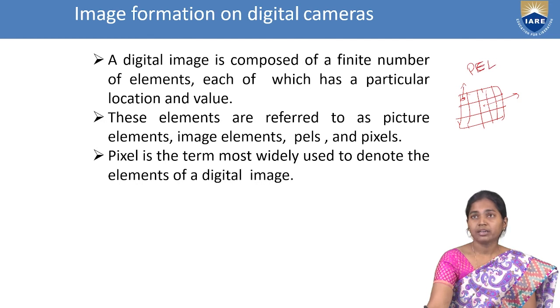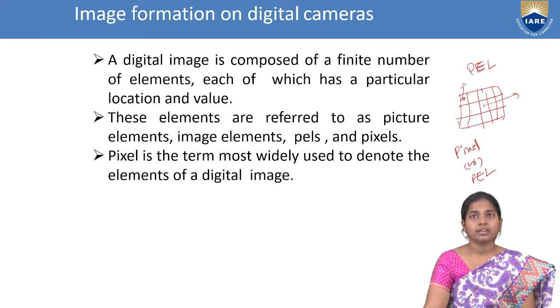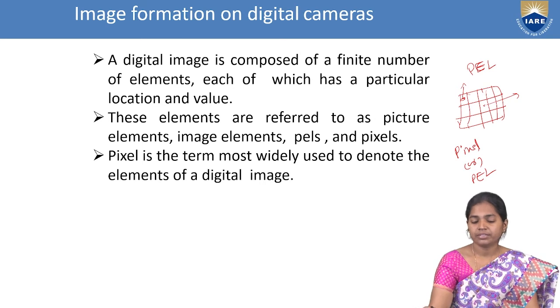One important term in image processing is pixel or PEL, picture element. Pixel is the most widely used term to denote the elements of a digital image. So a digital image is represented in the form of pixels only, and each pixel has its own gray level value.